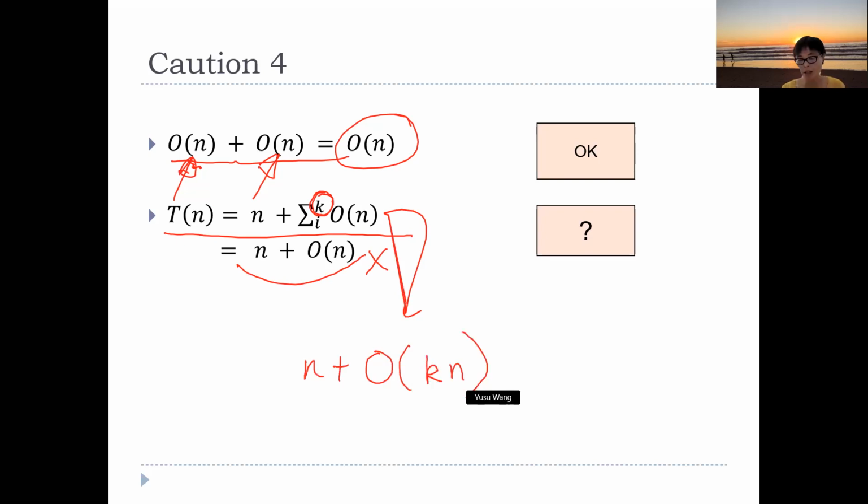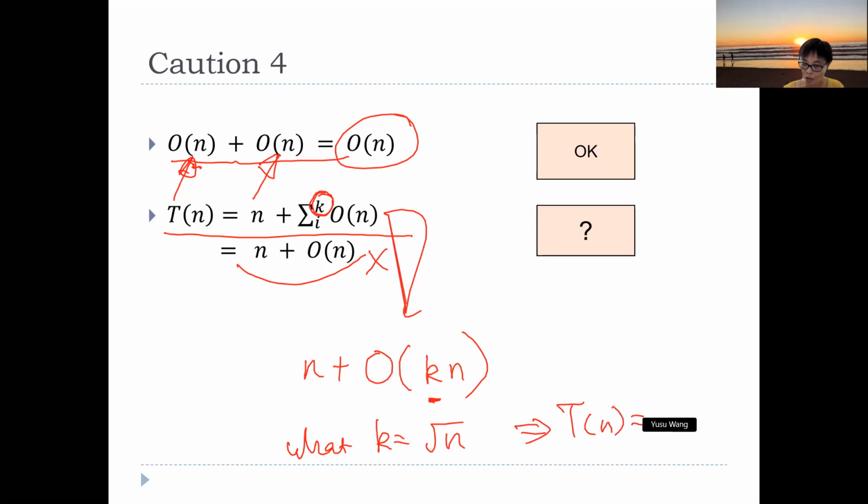If k is a constant, then this is the same as order of n. But if k is not a constant, say, what if k equals the square root of n? In that case, T of n is order of kn, which is order of n times square root of n.